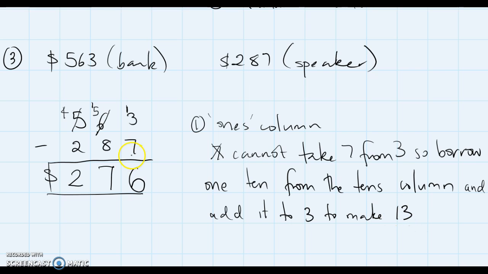Okay, so that means the ones column cannot take 7 away from the 3, so we need to borrow 1 ten from the tens column and add it to the 3 to make 13.